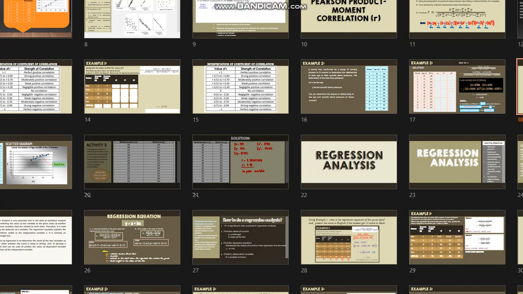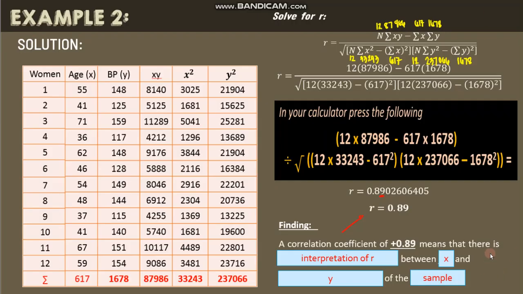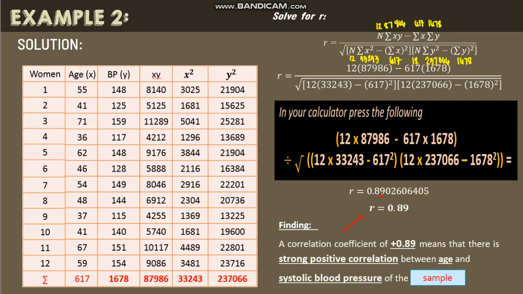Okay? So, there is a strong positive relationship or correlation between the age and the systolic blood pressure of the 12 women. So, ito na po yung ating value ng R and then the interpretation or our findings for the correlation coefficient.